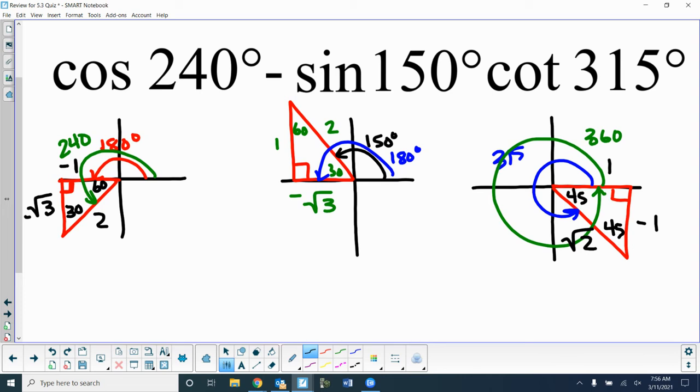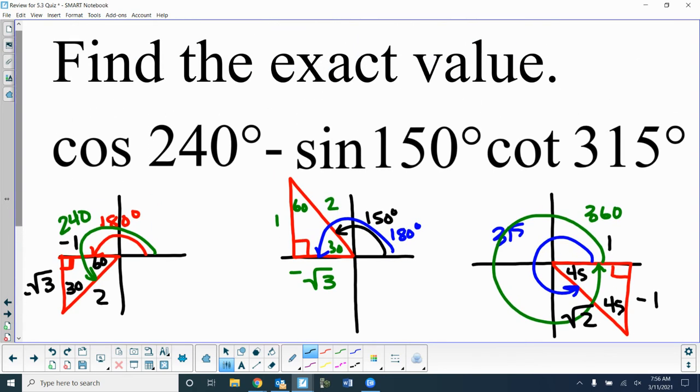Then you can answer the question. Then you can find the exact answer. Exact, not the decimal, Andrew. No, the hypotenuse is always positive. Even though this one looks like it's going down, we're still going to make the hypotenuse positive.